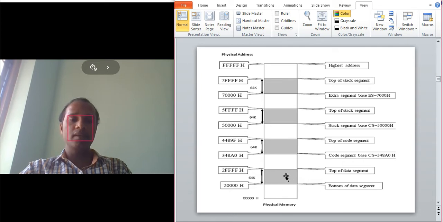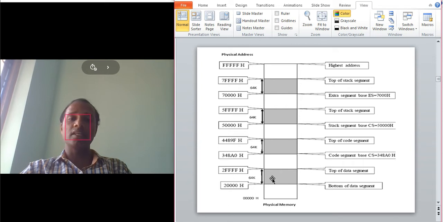This is the data segment memory, and for this the data segment initial address is 20000H and the ending address is 24FFFH. This is only an example diagram for the physical address; the starting and ending addresses of the segment memory depend on the values you take in the segment registers.